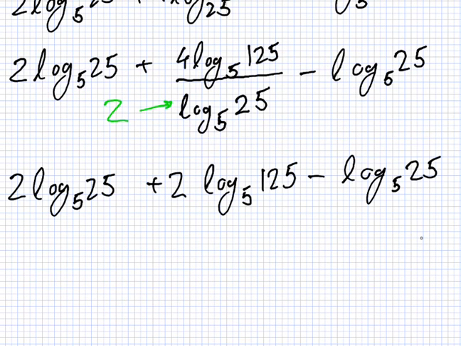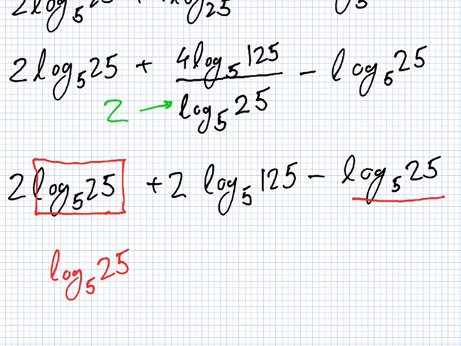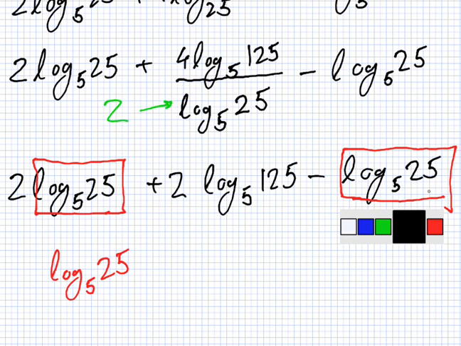The first one. At the front I have 2 log 5 of 25, and at the back I have minus 1 log 5 of 25. So in total I have 1 log 5 of 25. I have 2 of these, and then I have minus 1 of them. So no special rule there.